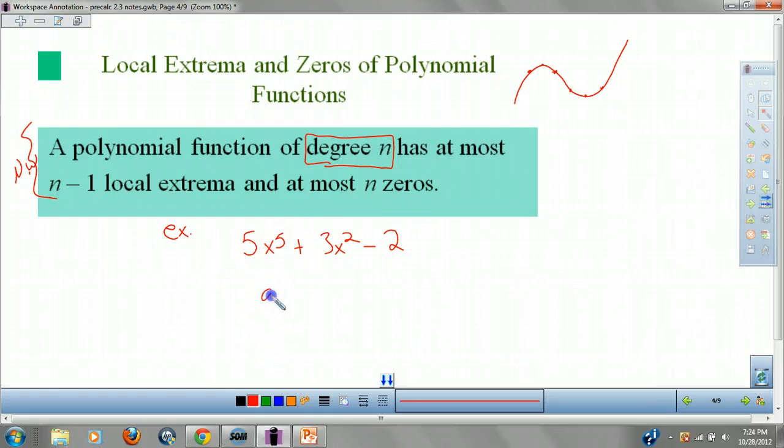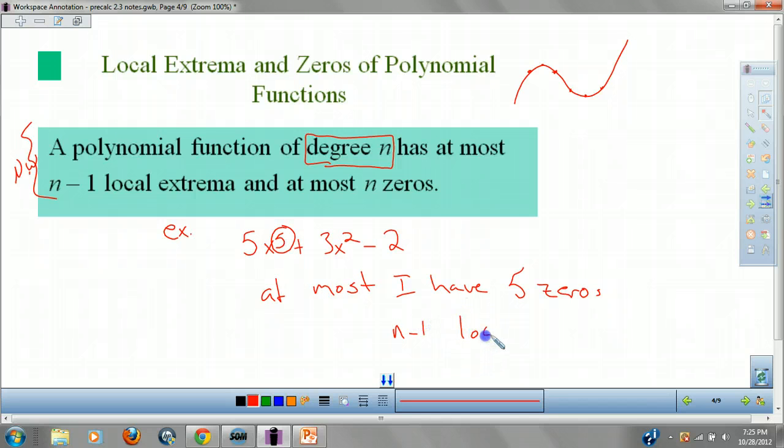I know that at most I have 5 zeros, because my n is 5, and n minus 1 local extrema. At most. I could have less, but I can't have more. Okay? Again, I'm not going to go into too much detail because you guys did well on that back in good old chapter 0, so we're going to hold off on that.